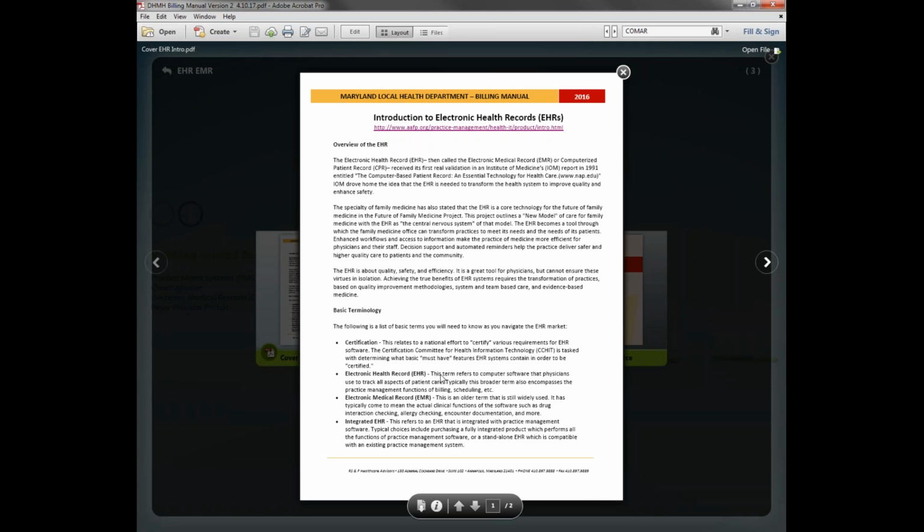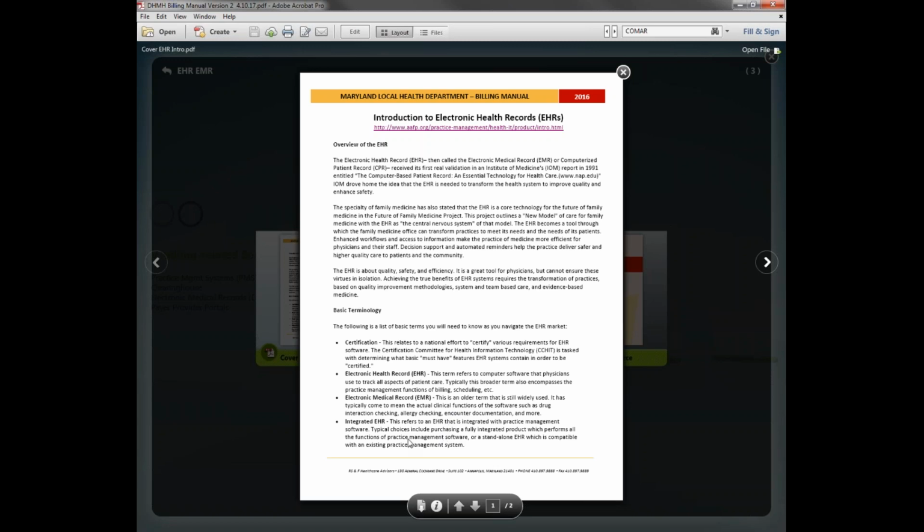The electronic health record, this term refers to computer software that physicians use to track all aspects of patient care. Typically, the broader term also encompasses the practice management functions of billing and scheduling. Electronic medical record is an older term, but it's still widely used. It has typically come to mean the actual clinical functions of the software, such as drug interaction checking, allergy checking, encounter documentation, coding, and more.